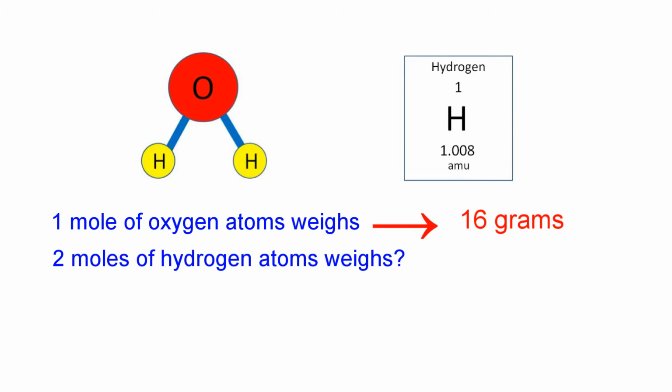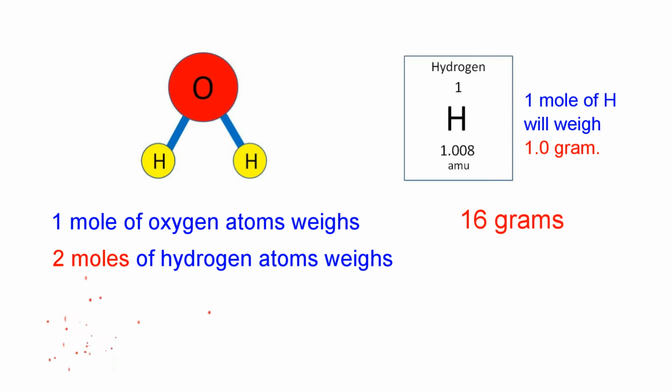Now we do the same thing for hydrogen. Its AMU number is 1.008, so 1 mole of hydrogen atoms will weigh 1.008 grams. Let's round off the 8,000th of a gram just for convenience. Now we have to remember that we have 2 moles of hydrogen atoms, so the weight will be 2 grams.